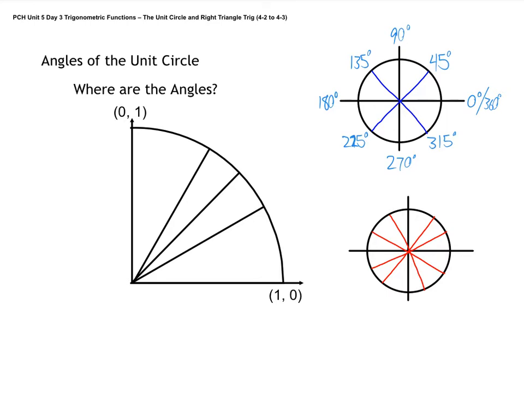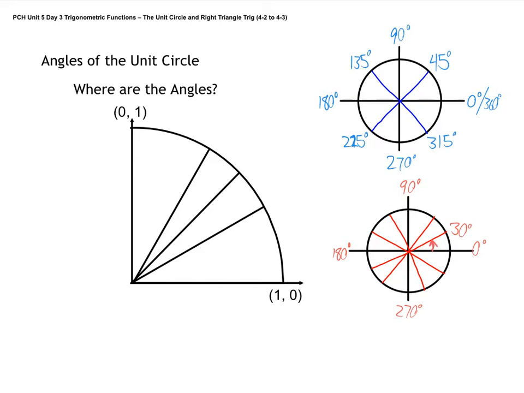So again, we still have this 0, 90, 180, 270. But now we're dividing it into segments that are 30 degrees. Wait, is the angle in the middle what is 30 degrees?